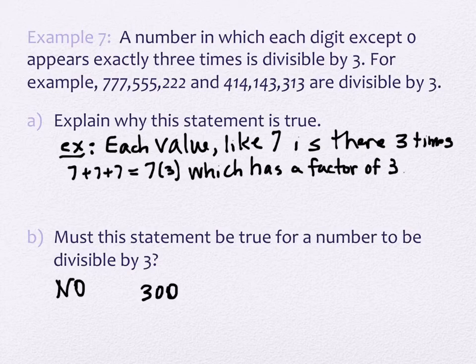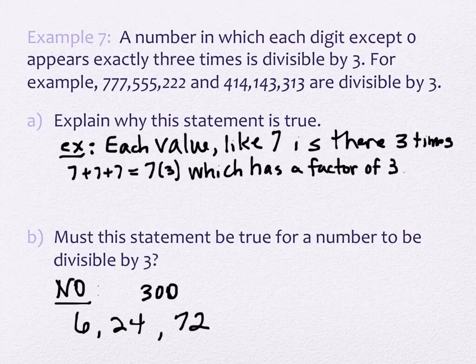No, 3 does not appear 3 times, right? And of course, Amanda's right when she said 6, and numbers like 24 and 72 and things like that. All of those would be divisible by 3, but they're not fitting into this description. All right, sound good? Excellent.